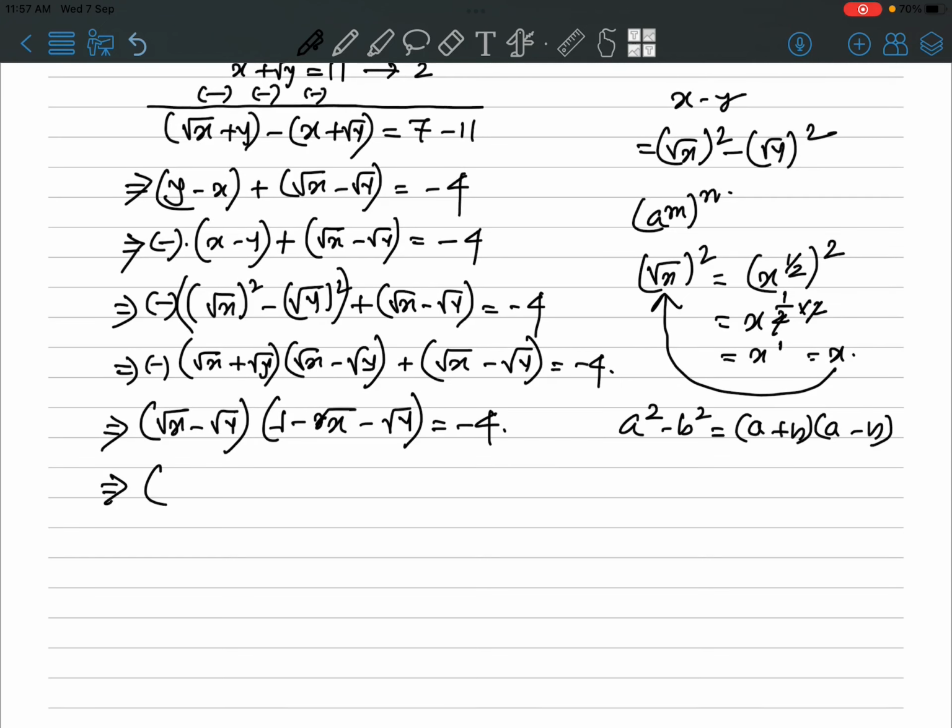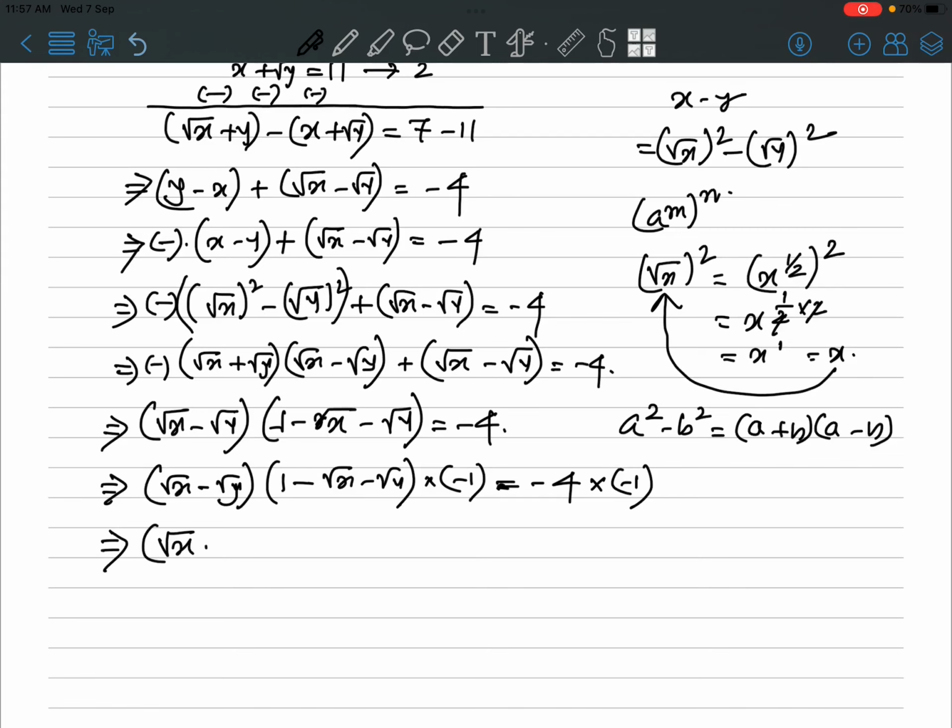Now we will multiply both sides by minus 1. What will we get? We will get root over x minus root over y, 1 minus root over x minus root over y, into minus 1. On the right hand side, minus 4 into minus 1. So now we can rearrange it, root over x minus root over y. Now we multiply minus 1 with this factor.